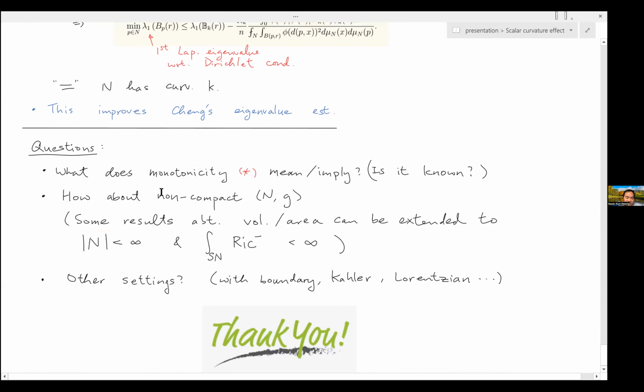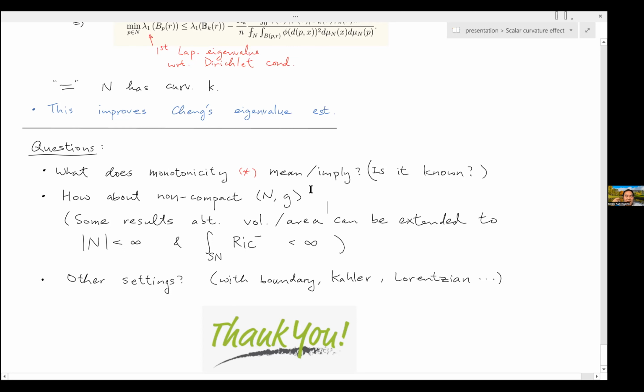Maybe the more serious question is about non-compactness. You can see in the above results, I always assume the manifold is compact. That's because I need to make use of Fubini's or Tonelli's theorem. I want to swap some integrals. So if your space is non-compact, there may be some issues.